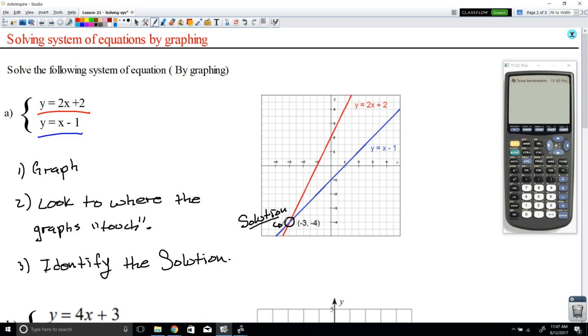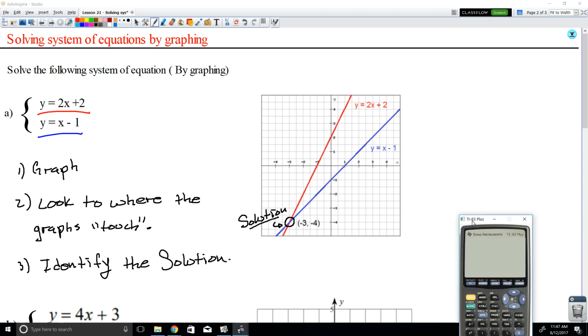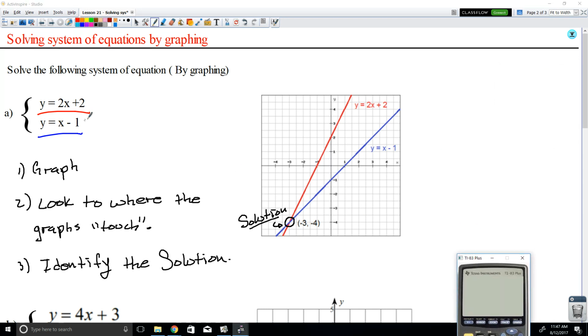So what is our solution? Is our solution -3 or -4? Nope, it's both. Because when we're talking about a system of equations, the solution is a coordinate point.